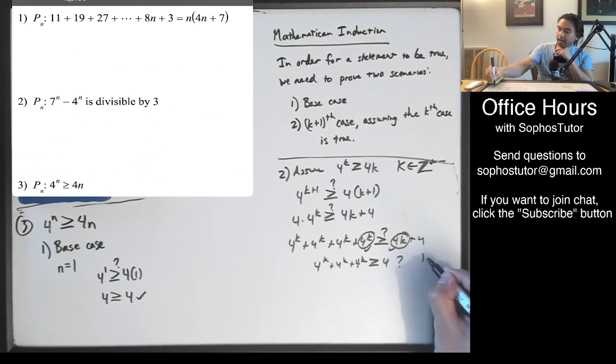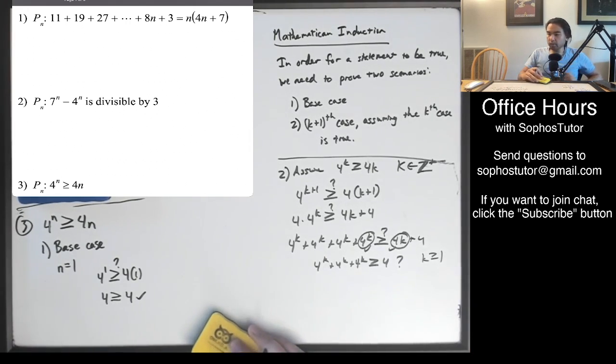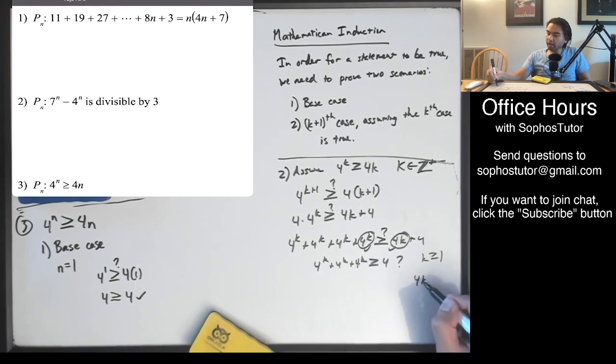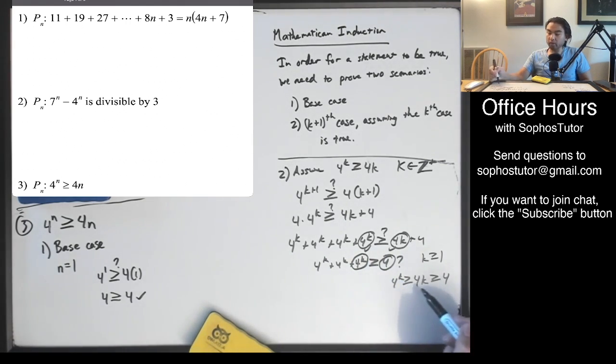Well, we know that k is greater than or equal to 1. And so we know that 4 to the k will always be greater than or equal to 4. And if we're assuming that 4 to the k is greater than or equal to 4k, then we know that this number is greater than or equal to this number.